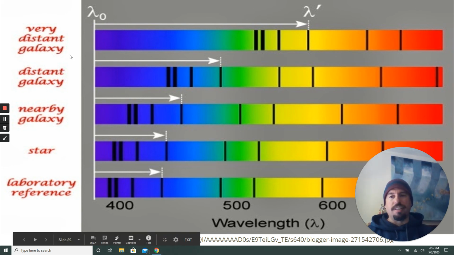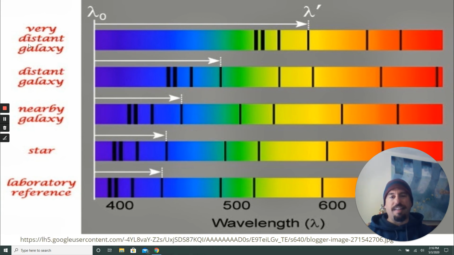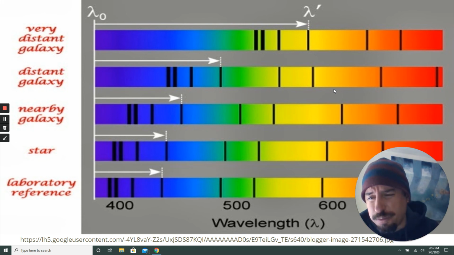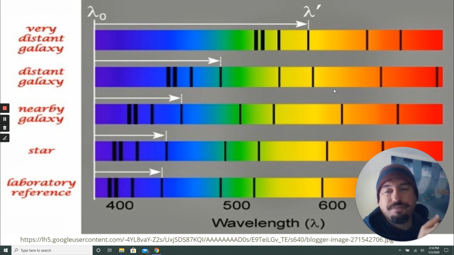And what we also see is that very distant galaxies are shifted way more than nearby galaxies. So what this means is these are moving away from us quickly. The very distant galaxies are moving away from us even quicker. So there's something accelerating those faraway galaxies, which is why we know that dark energy exists.